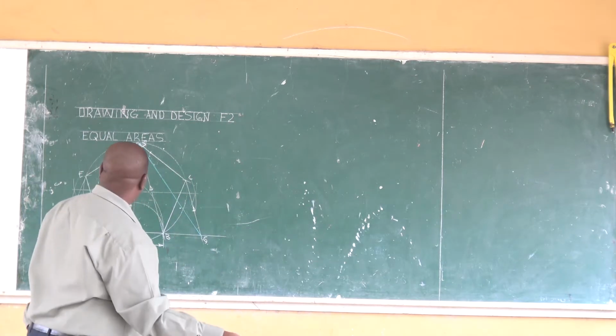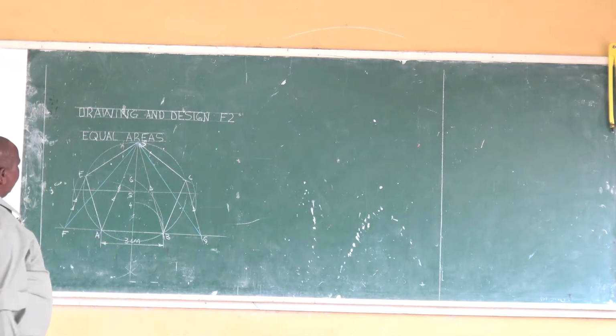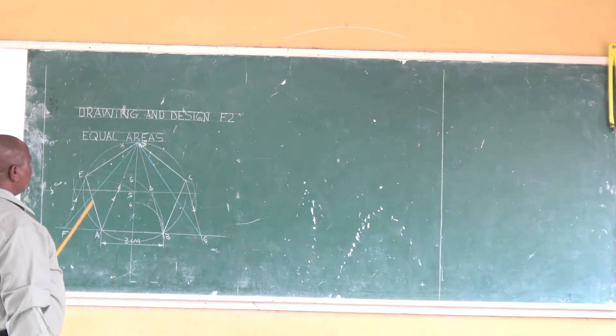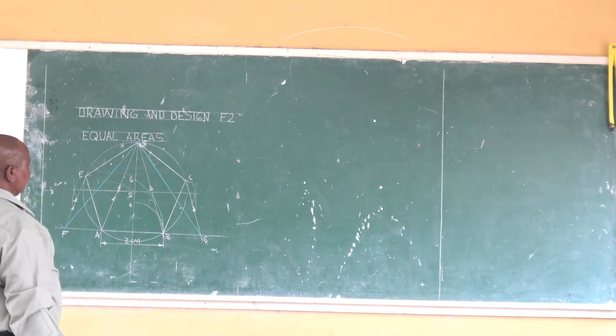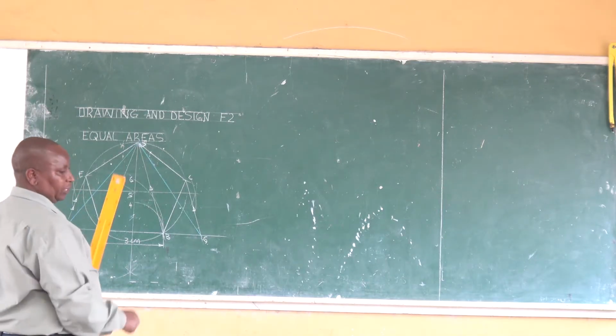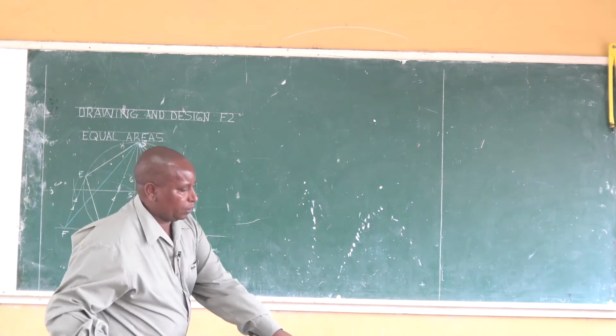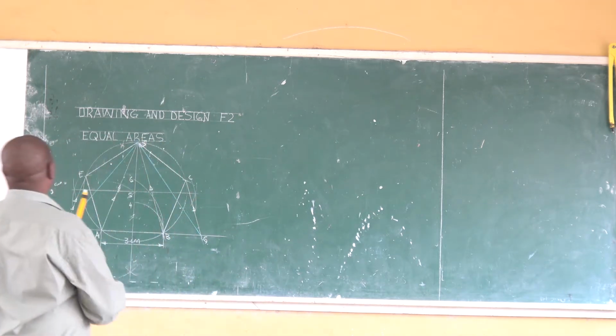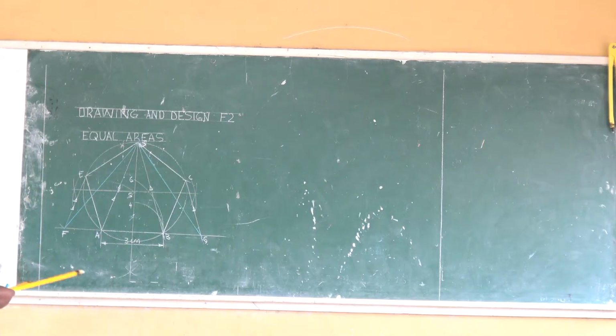So our second part of the journey is to draw a rectangle equal in area to that existing triangle, which we have already gotten from our construction, and we know that it is equal in area to the existing pentagon. Remember that the area of a triangle is calculated by half base multiplied by height.